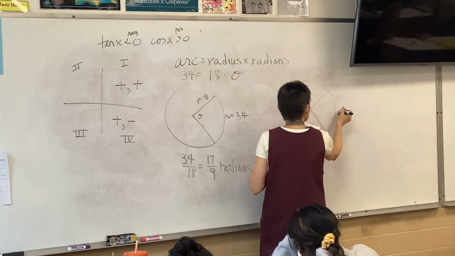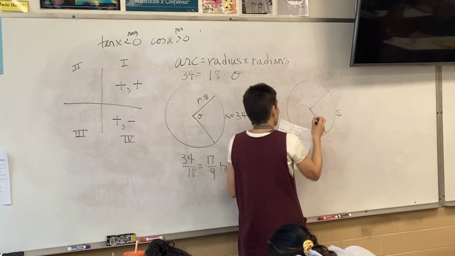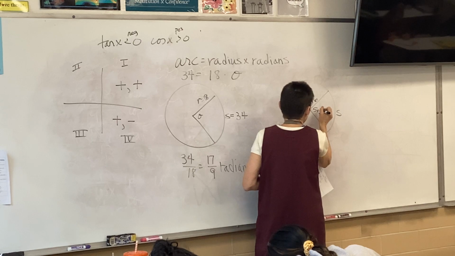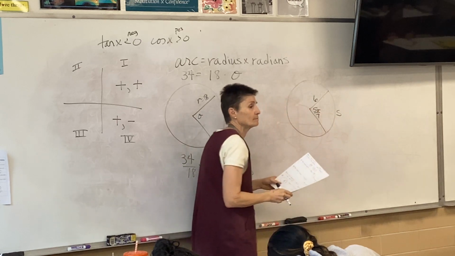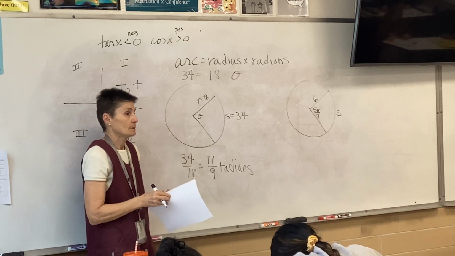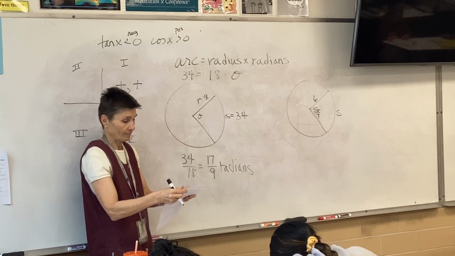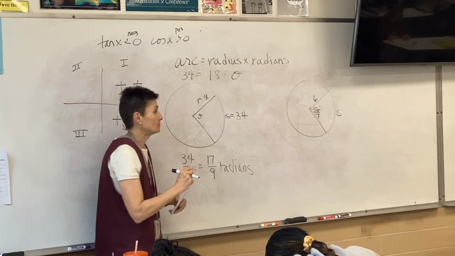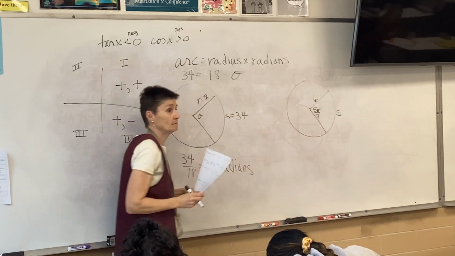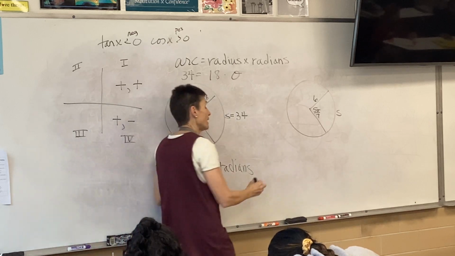So find the arc length if the radius is 6 and the angle is 5 pi over 7. So this is problem B. Okay, so here we go. Can I use Katie's formula? I sure can.